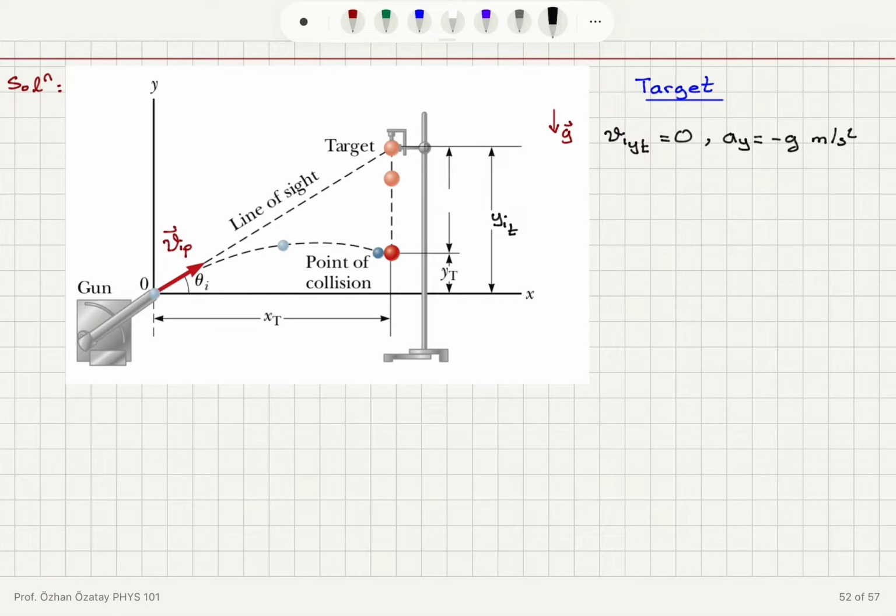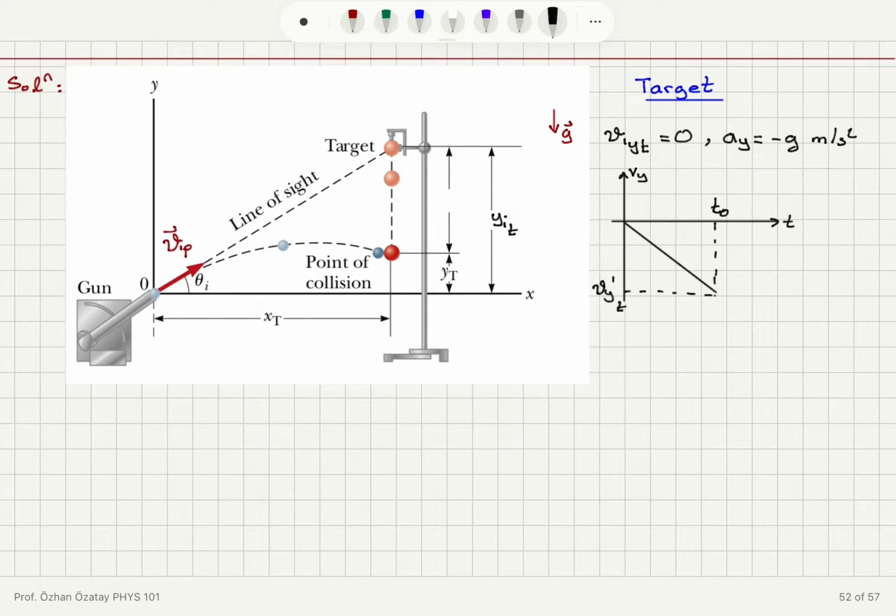If I were to plot the velocity y component as a function of time, I would see that because I have a constant acceleration motion, the v-t graph would be linear, and when I reach the time of flight, at time t equal to t0, which I call time of flight, this is going to reach a final velocity Vy prime of the target.